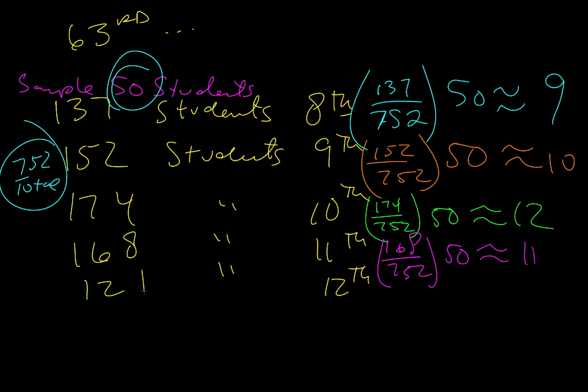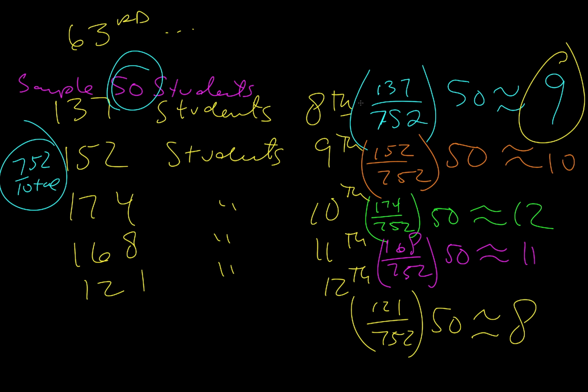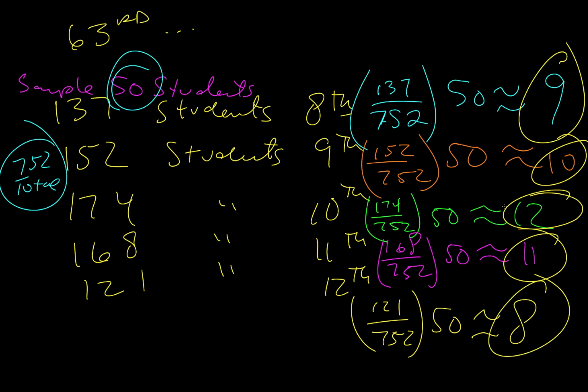And then finally, if I do 121 over 752 times that by 50, I'll end up with 8 students. Basically it's saying we should select 9 students from 8th grade, 10 students from 9th grade, 12 from 10th grade, 11 from 11th grade, and 8 from 12th grade, and ask them the questions that we want to know the answer to, and that will be a decent sample for the entire school.